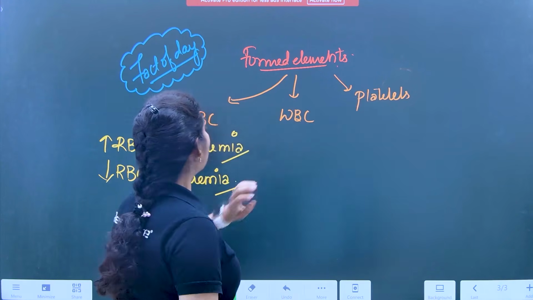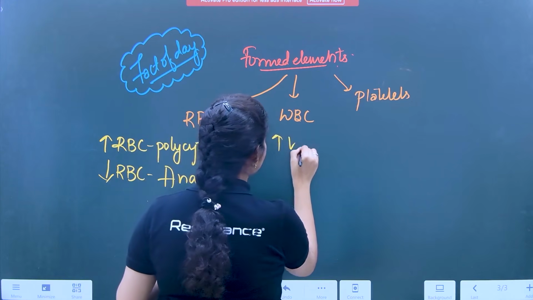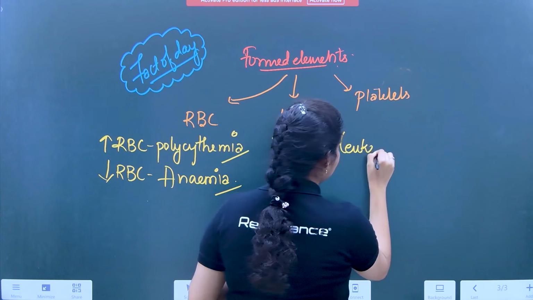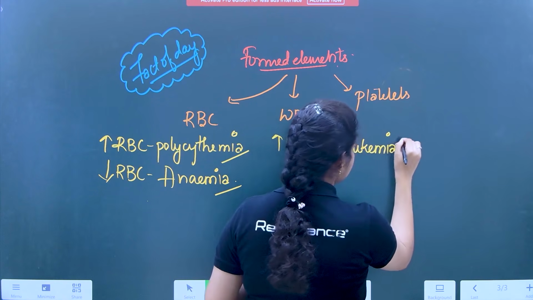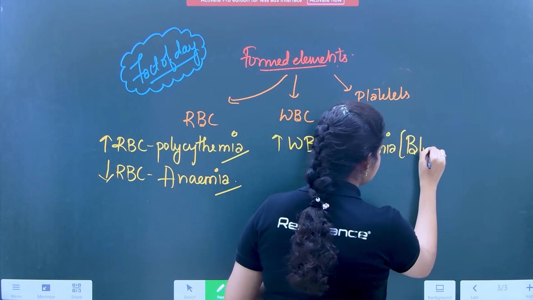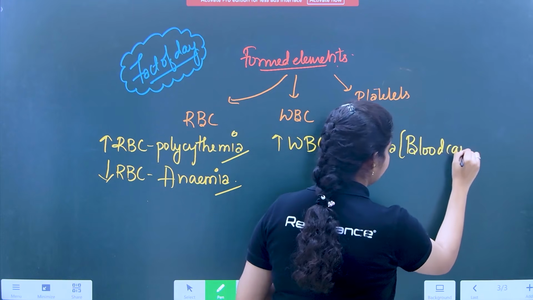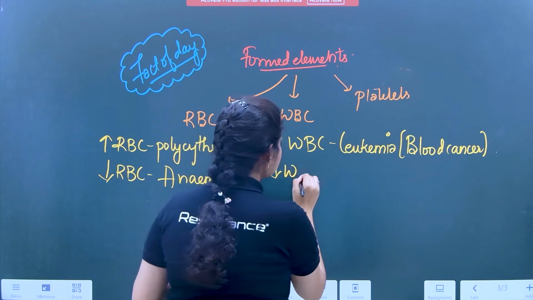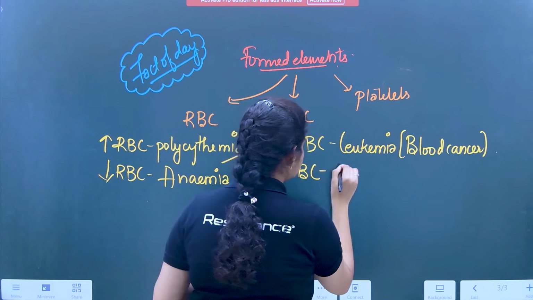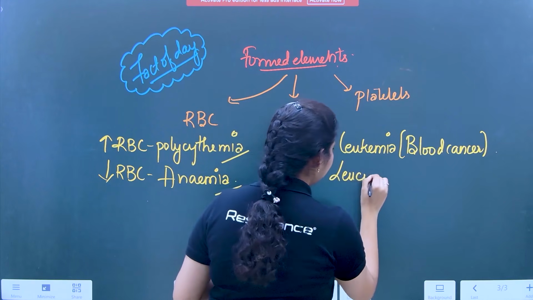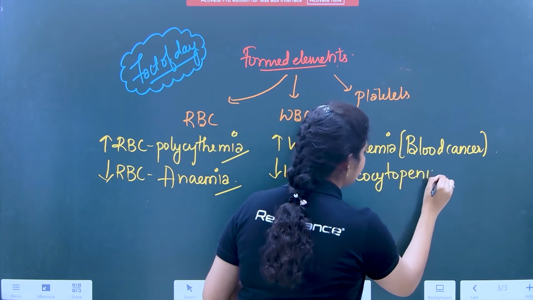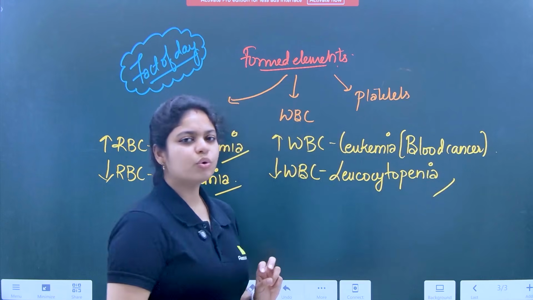Next, moving on to WBC. Increase of WBC is called leukemia, which is nothing but blood cancer. Decrease of WBC is called leukocytopenia.